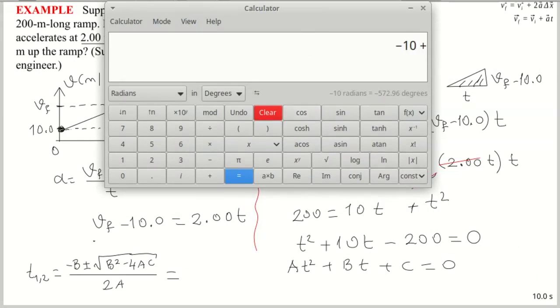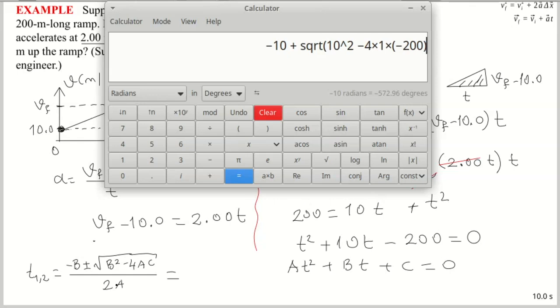Let's first go with the plus form, plus the square root of b squared, b is 10, 10 squared, minus 4 times a is 1 and c is minus 200.